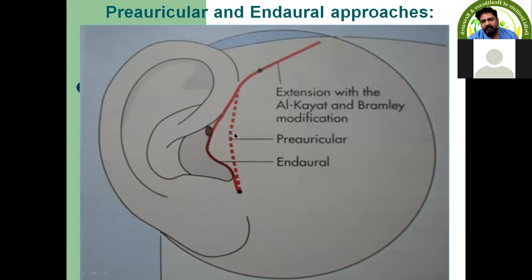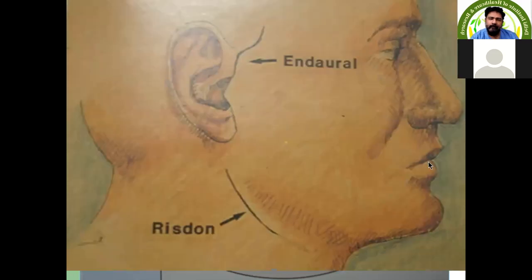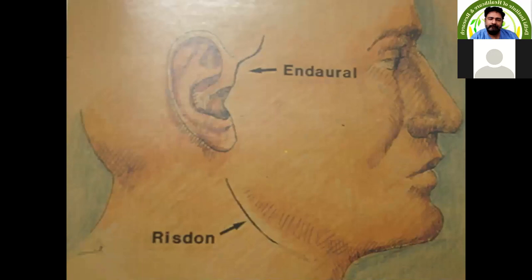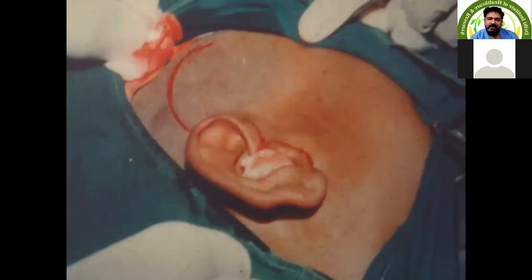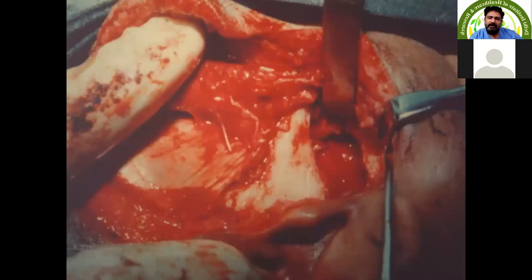Now this is a simple pre-auricular approach, and this is the endaural approach. Endaural is posterior to the tragus so that the scar is not visible. So best is the reverse question mark or Al-Kayat-Bramley incision so that the joint is exposed completely.